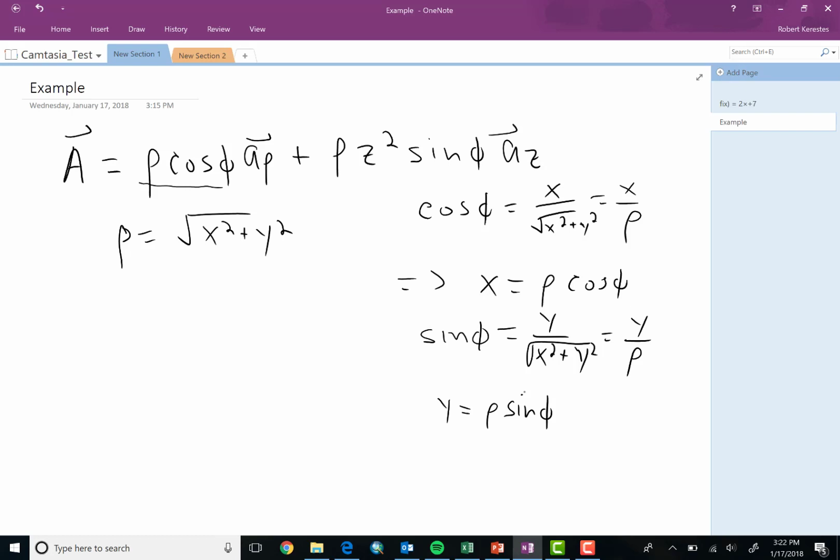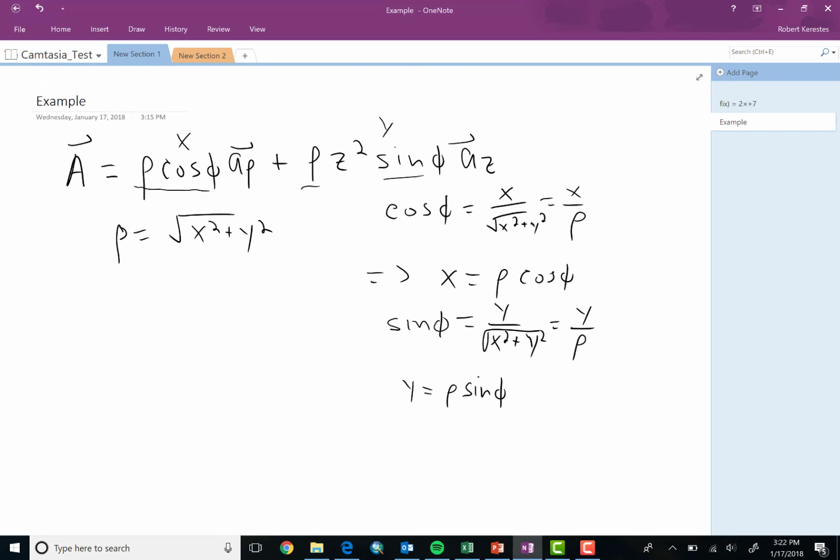So you can see here we have x here, and we have rho sine of phi, so we have y here, right? So immediately we can say that A is equal to x times a rho plus y z squared az.